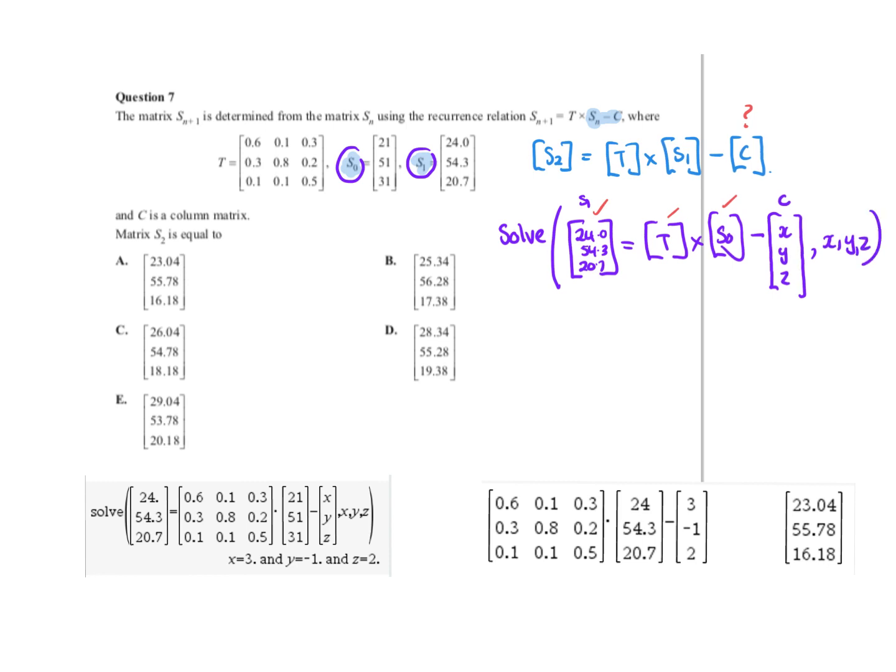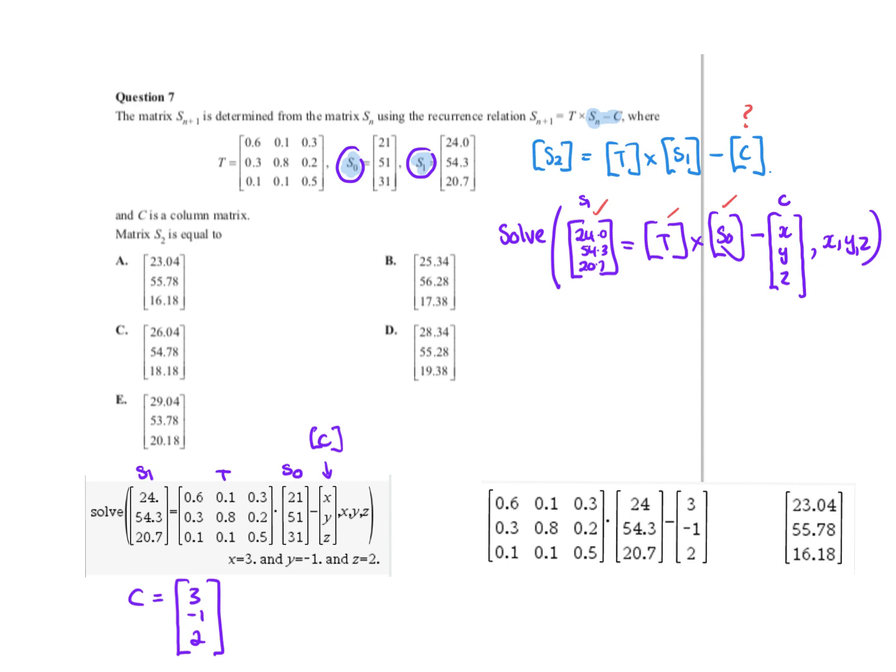So down over here you can see this was S1, this is the transition, this is S0, and this is the matrix C. Because I did solve and asked it what those 3 letters are, it tells me. So I know matrix C is now 3, -1, and 2. Okay? So I've found that out.